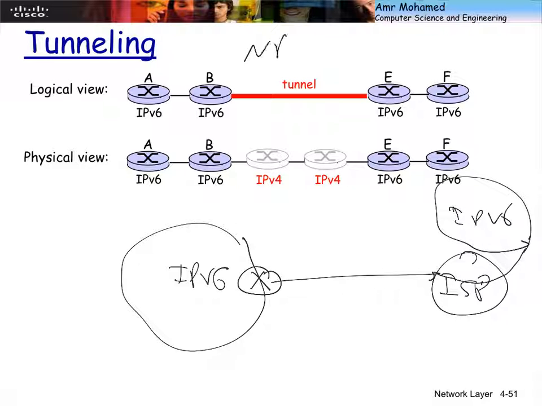In fact, there is NAT 6, network address translation version 6, which is used in that case not for switching from private to public, but for switching from 6 to 4 or 4 to 6. So the purpose here is different. However, this is not as efficient or as common as tunneling, because tunneling is a concept that's used even in security, by the way, and it's proven to be efficient.